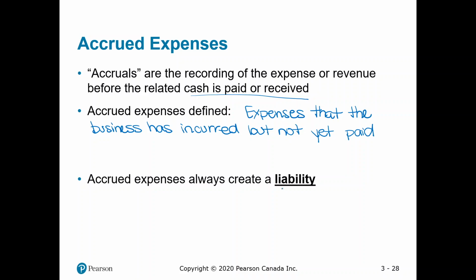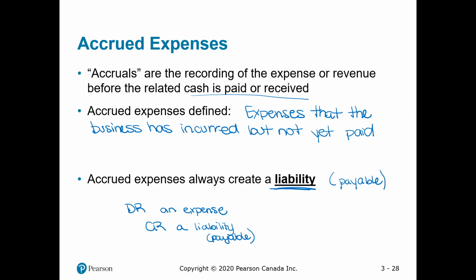Accrued expenses, when we do these adjusting entries, always create a liability. So it'll be some sort of payable that we will set up. So when you do this, the entry is always going to be debit an expense account, some type of expense, and credit some type of liability, some sort of payable.